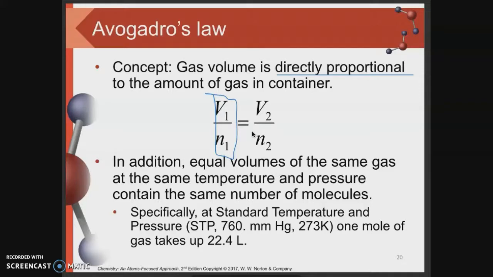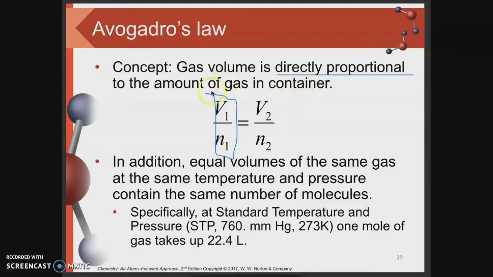And it's kind of like what we saw with colligative properties in the previous chapter. It doesn't matter what the identity of the gas is, they all fall under this umbrella. Pretty cool. Now, all of these have required assumptions.